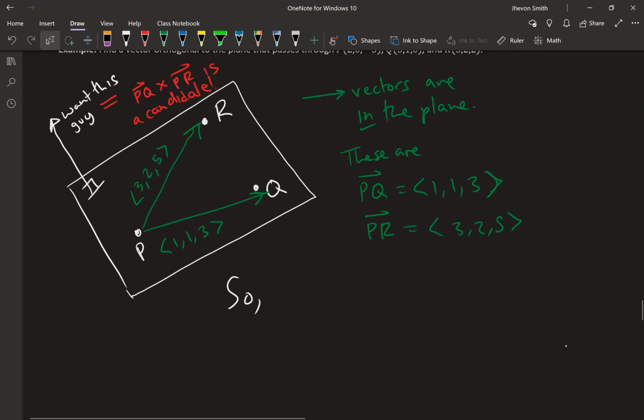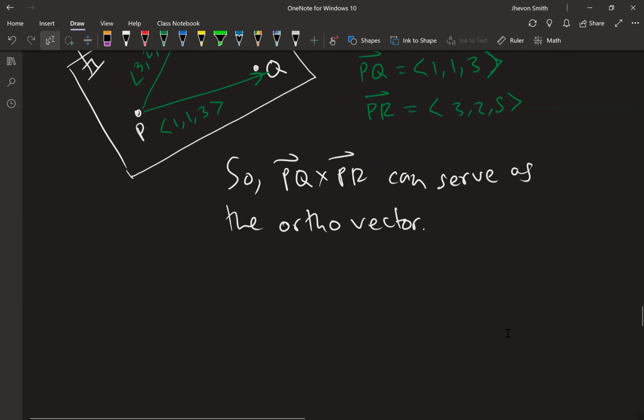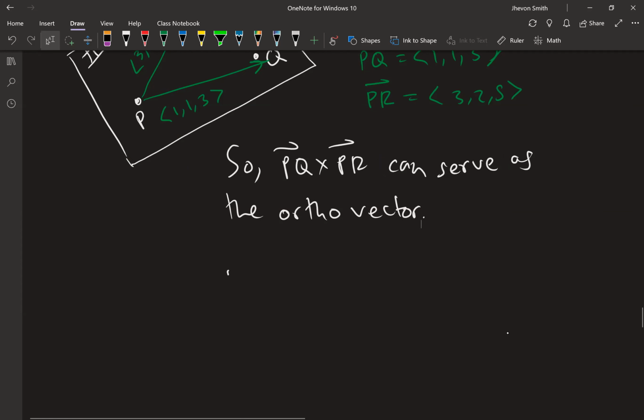So PQ cross PR can serve as the vector we want. So that's what I'm going to do. I'm going to find PQ cross PR.